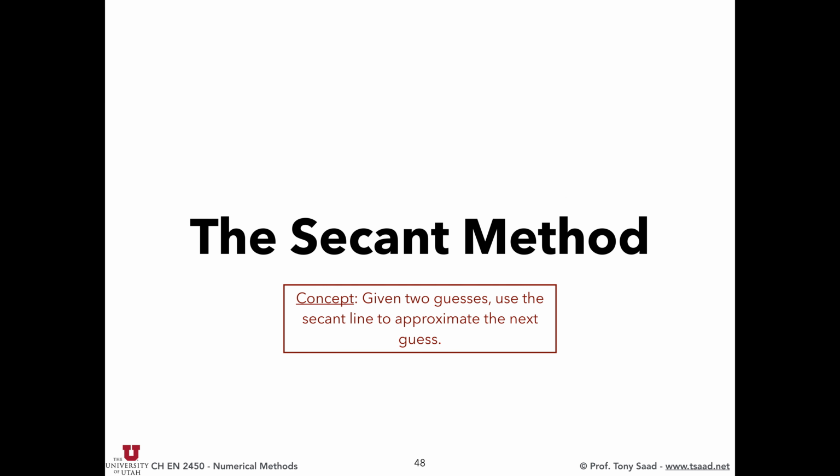And the first method is called the secant method, an open domain method, and it's a very slight variation on the method of false position, or regula falsi, in that it relaxes the assumption that the initial guesses have to bracket the root. So essentially it says, let's take the regula falsi method, let's take the initial brackets A and B, and let's not enforce that they should bracket the root, and let's see what happens.